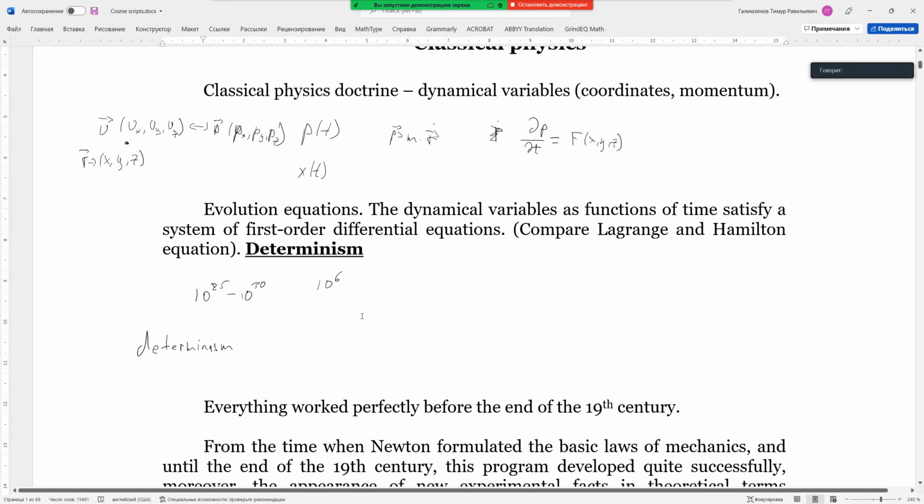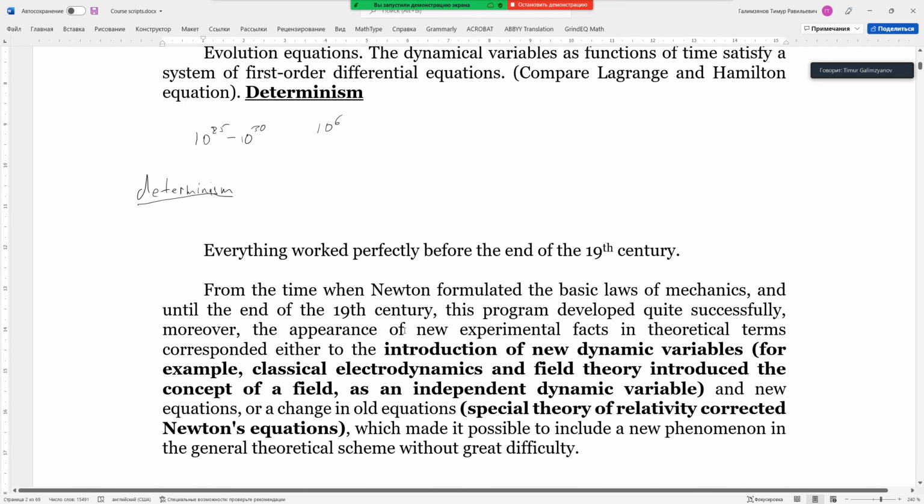And this picture worked well, because when people understood that there is something else apart from particles, I speak about radiation, about the electromagnetic field, they wrote down the Maxwell equations that describe the evolution of electromagnetic waves.